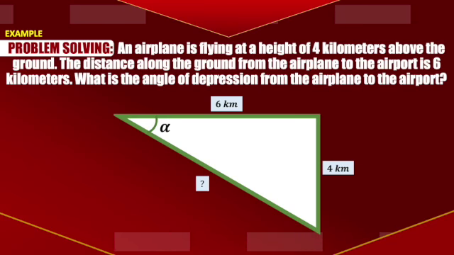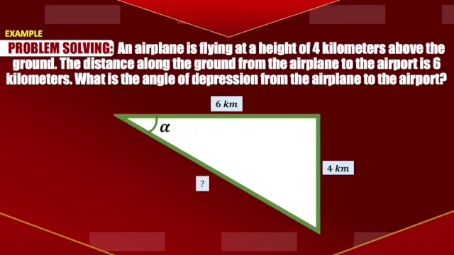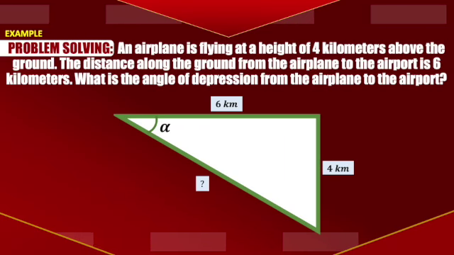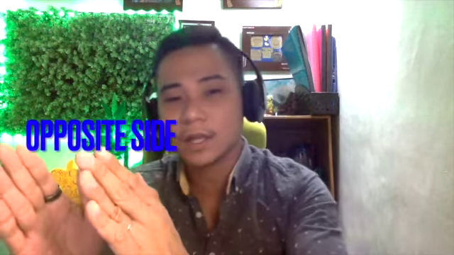And then, of course, the angle, the alpha, the representation of the missing angle. And the question mark is the distance mula dun sa airplane, pababa, dun sa airport. Now, if we go back to the 6 trigonometric ratios, since we're talking about the alpha, the missing angle, we need to figure out which one is the opposite side, which one is the adjacent side.